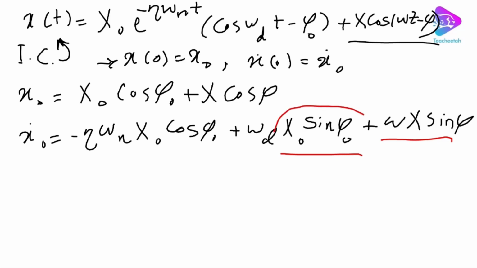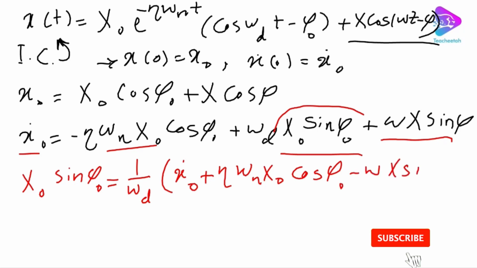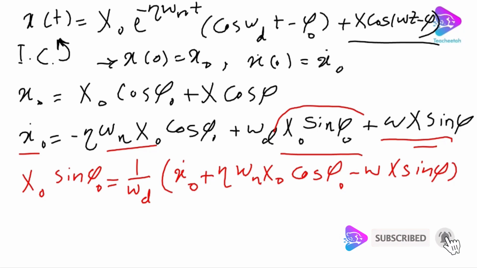So we have X naught sine phi naught is equal to 1 over omega d times x dot naught, which is here, and this term goes to the left hand side, plus zeta omega n X naught cos phi naught minus omega X sine phi, right? This one goes to the left hand side.